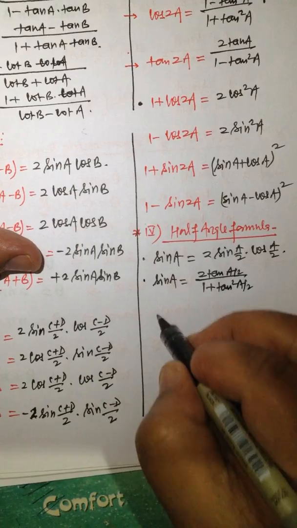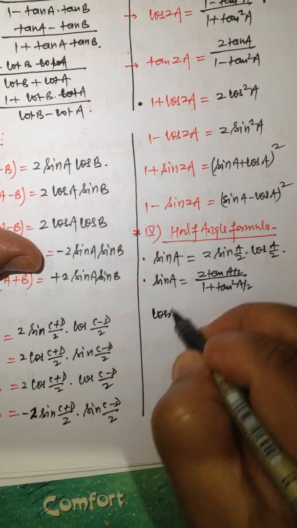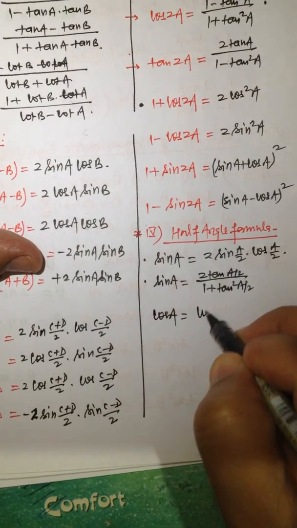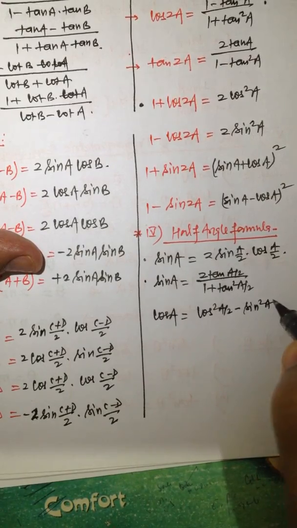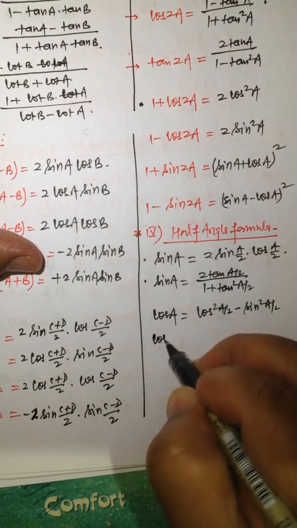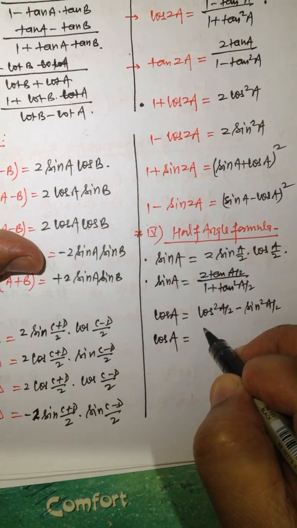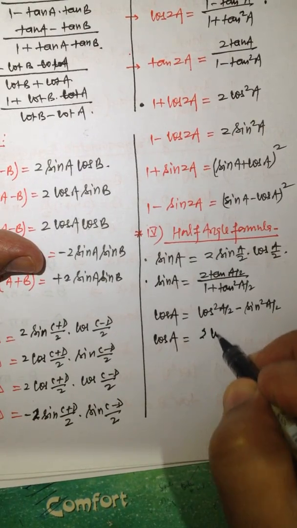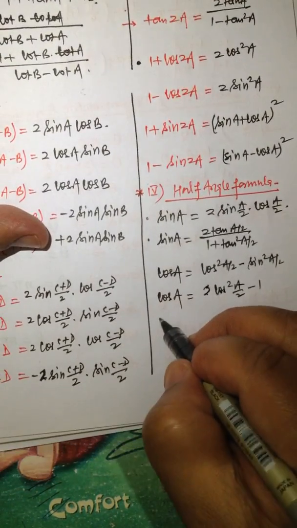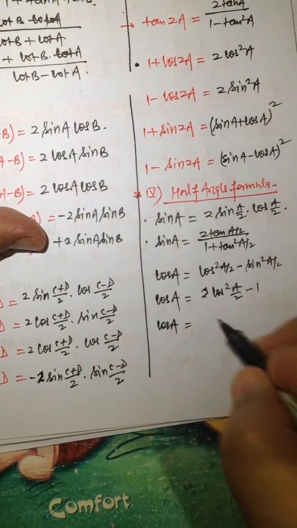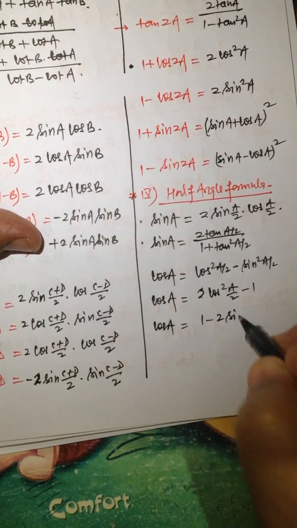Similarly for cos a, we have cos square a by 2 minus sin square a by 2. One more, cos a equals 2 cos square a by 2 minus 1, and one more identity of cos a, 1 minus 2 sin square a by 2.